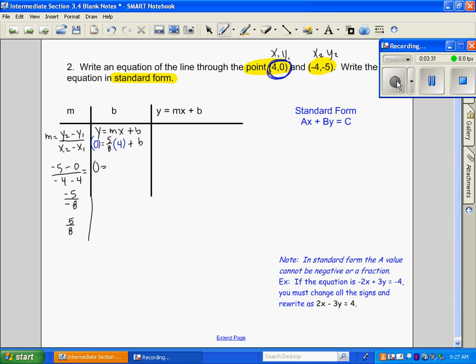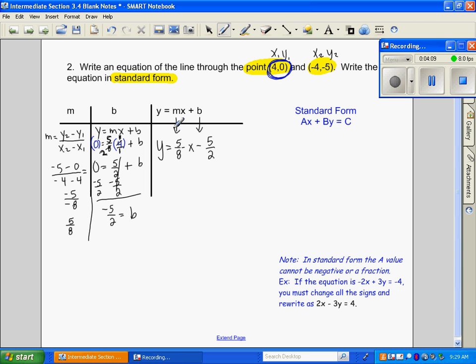So 0 is equal to, I'm going to simplify, I'm going to cross cancel, divide by 4, divide by 4, now multiply straight across, and I get 5 times 1 is 5, 2 times 1 is 2, so you get 5 halves. Subtract 5 halves from both sides, and that gives us -5 halves is equal to b. So my last step is to plug in m and plug in b from the previous two columns. So y equals 5/8 x minus 5 halves.